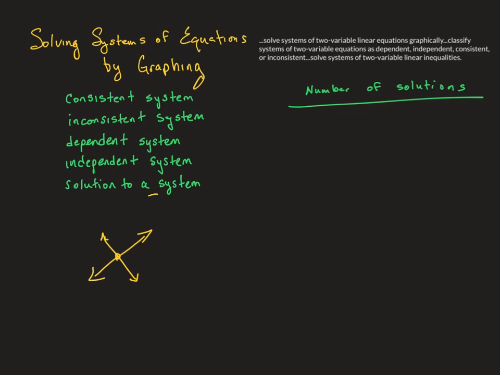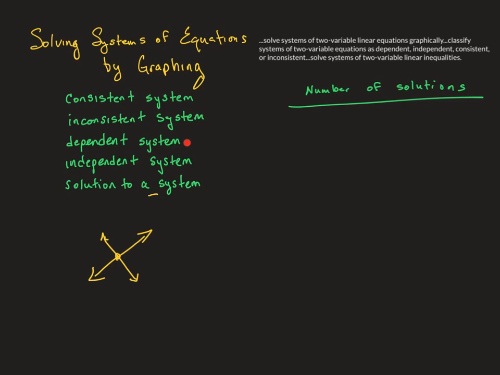And the consistent solution, I would assume consistency is that I do have a solution. It's going to have one or an infinite number of solutions. An inconsistent system does not have a solution. So again, when I'm looking for a solution to a system of equations, I'm expecting them to have some intersection point or solution. If they do not have a solution, then that would be an inconsistent system.